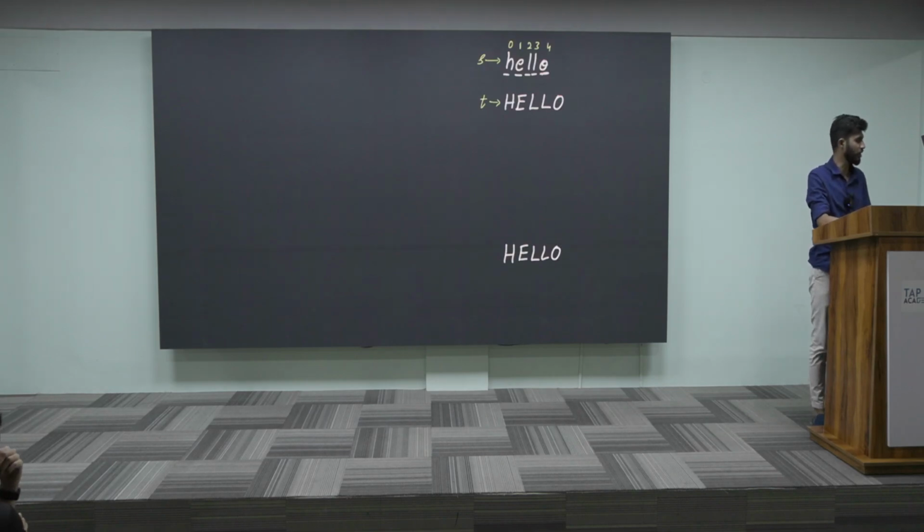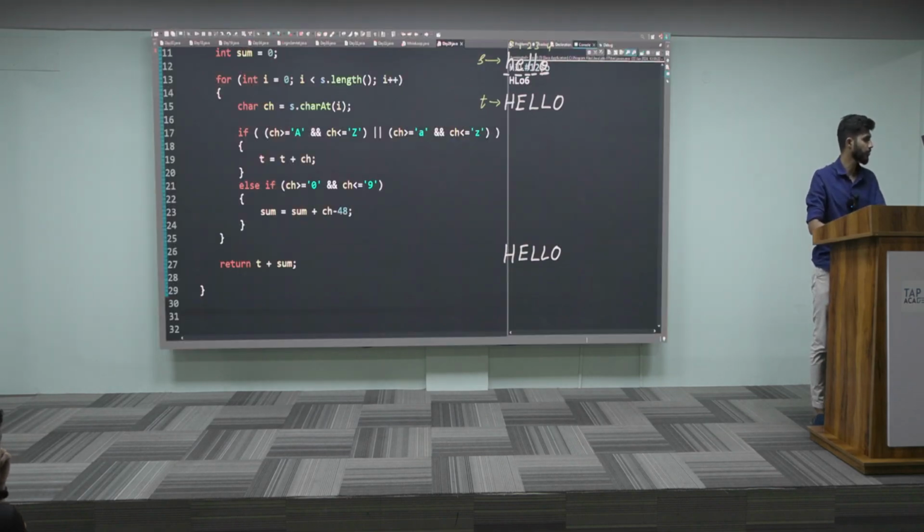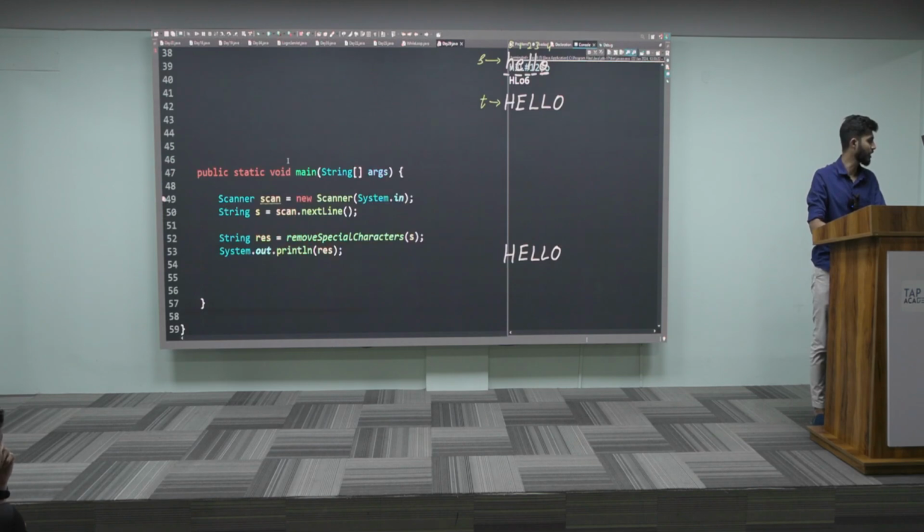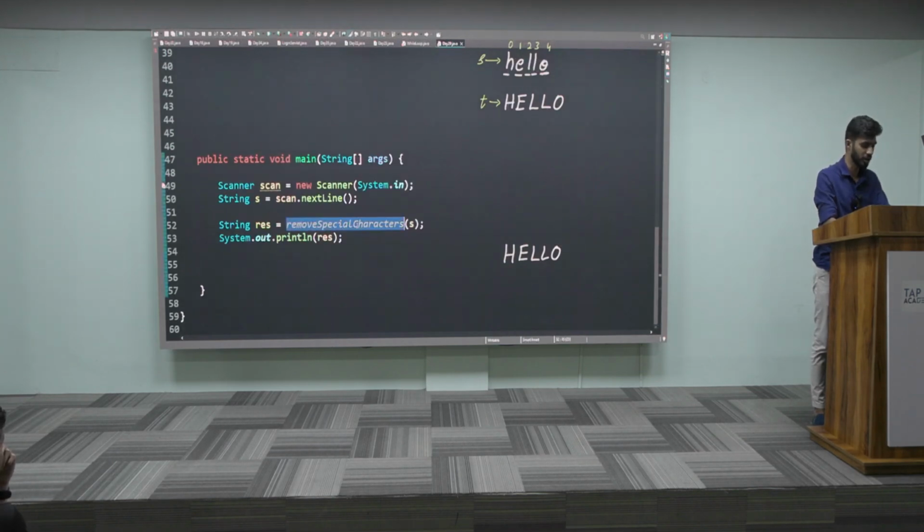Let's start writing the code for this. I will call a method called toUppercase or toLowercase? Uppercase. Great. This method is not yet created, so let's create this method. I am creating this particular method. So I have created this method.